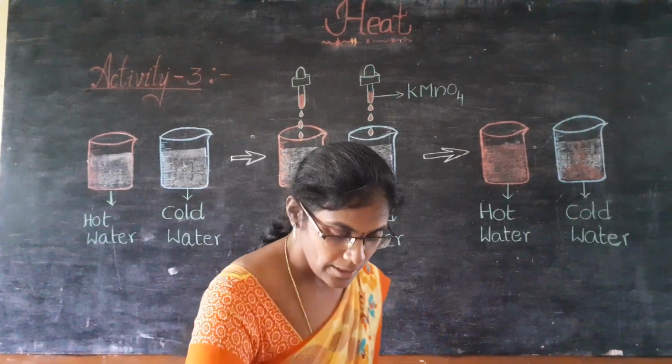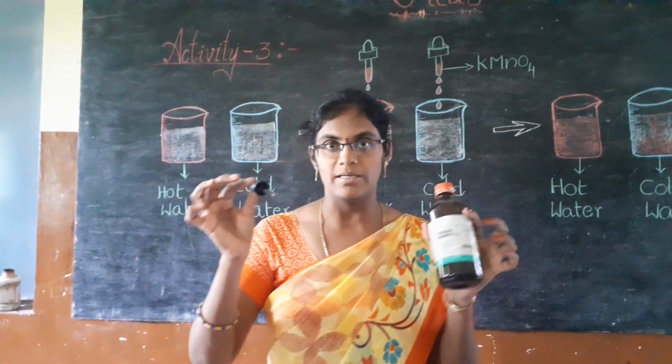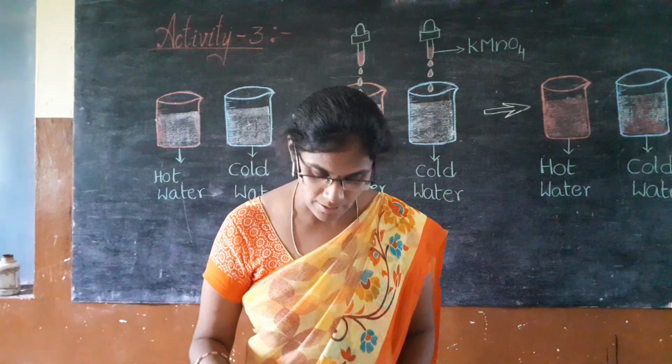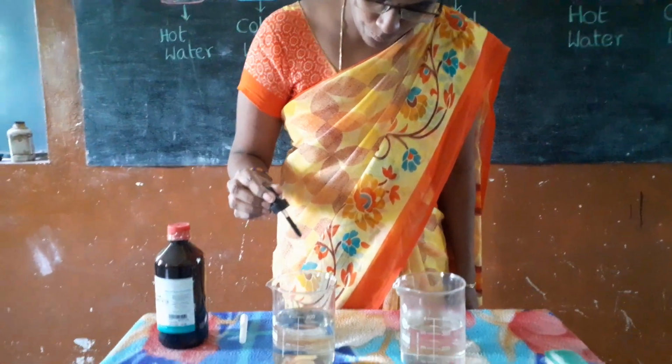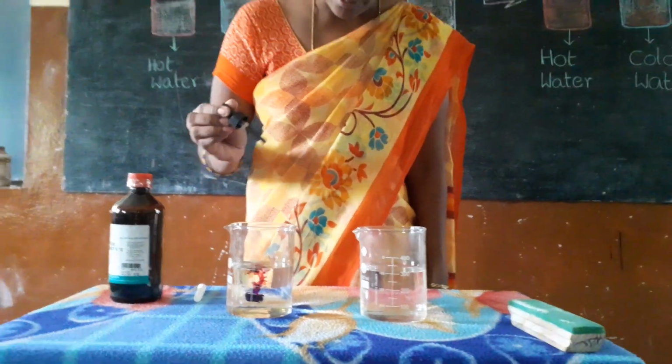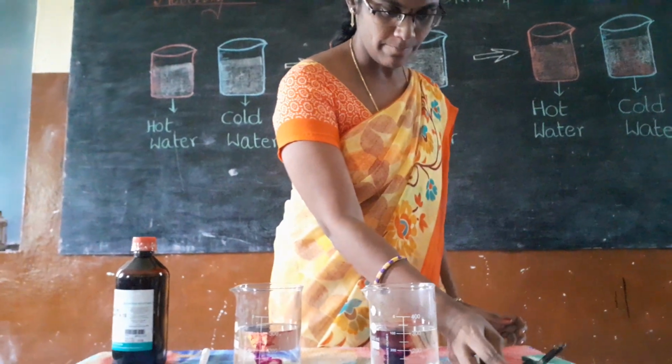Here I have taken potassium permanganate. So I am adding 2 to 3 drops of potassium permanganate solution into both the beakers.